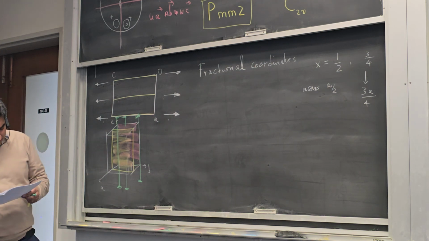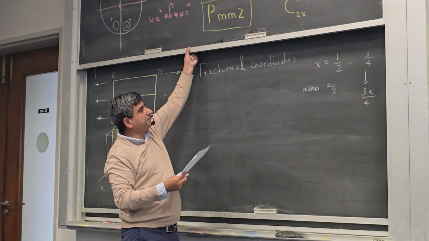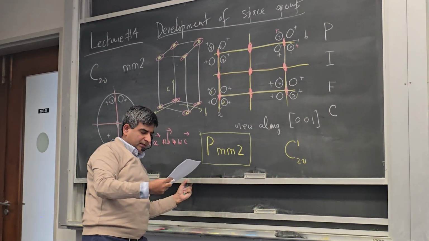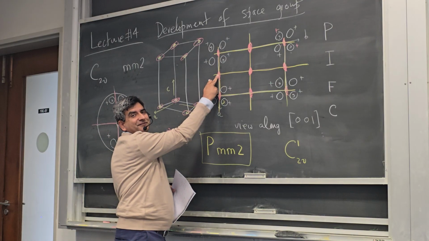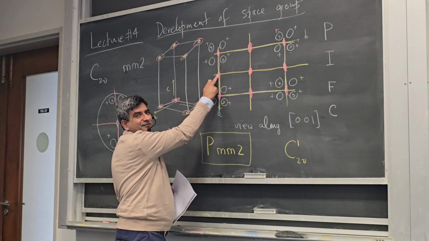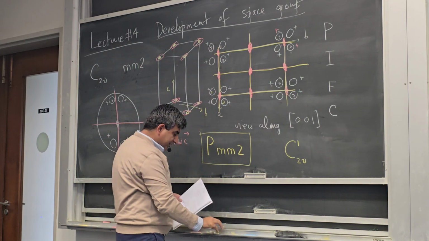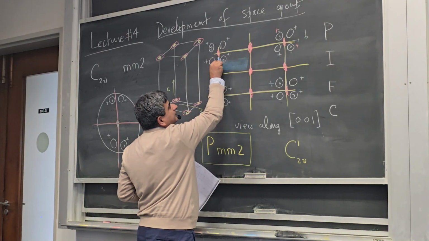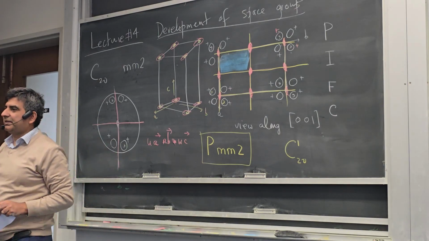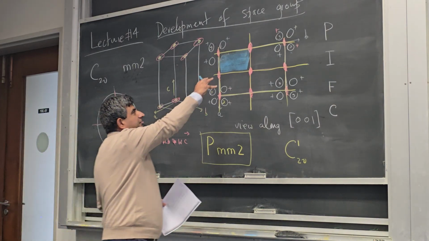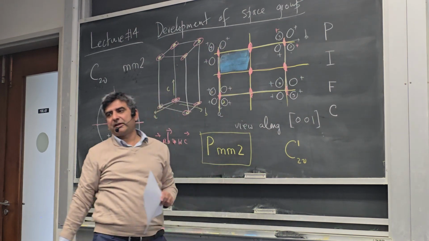Okay? So according to this formalism, in the PMM2 group, the asymmetric unit, so this point is x equals half, y equals 0, and z equals 0 if you are in the plane. So this entire sector is x less than half, y less than half, and if you take this to come out and span the entire z height, that will give us the asymmetric unit.